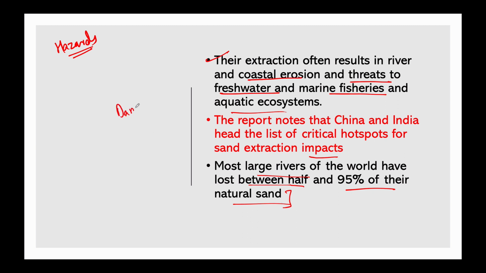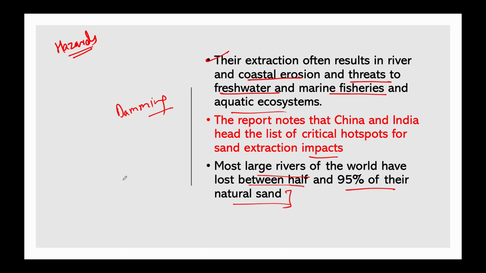Another problem is damming of rivers for hydroelectricity production or irrigation, which is also reducing the amount of sediment flowing downstream. This broken replenishment system exacerbates pressures on beaches, which are already threatened by sea level rise and intensity of storm waves, which are induced by climatic change as well as the coastal developments.